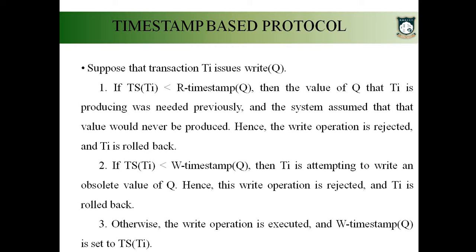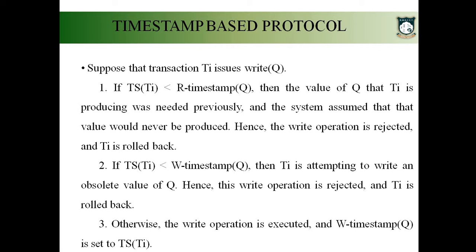The same logic applies for write operation. If a transaction wants to write a data item, then its timestamp value is compared with the read timestamp value of the data item.